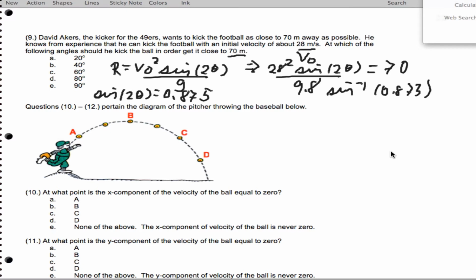And I end up getting 60 degrees. And now I'm going to divide that by 2 to get 30.